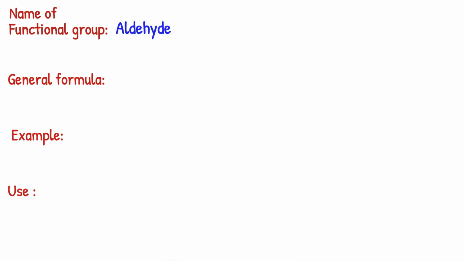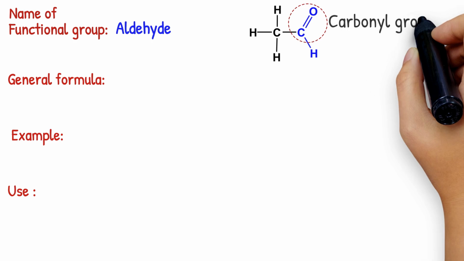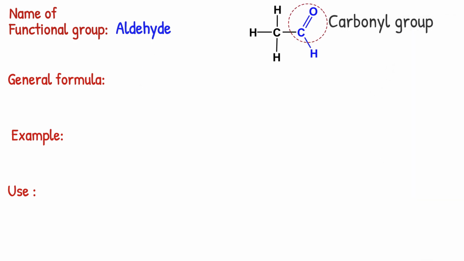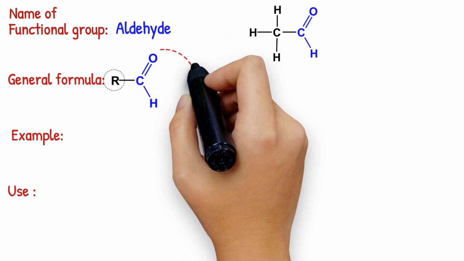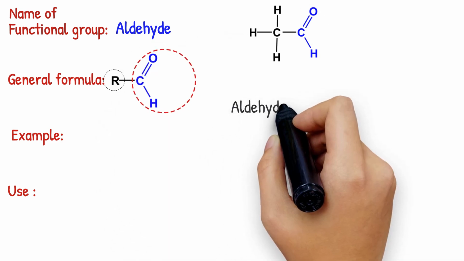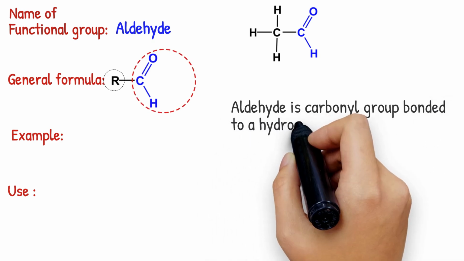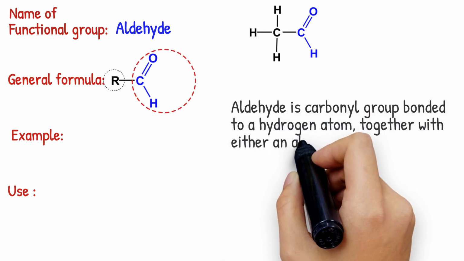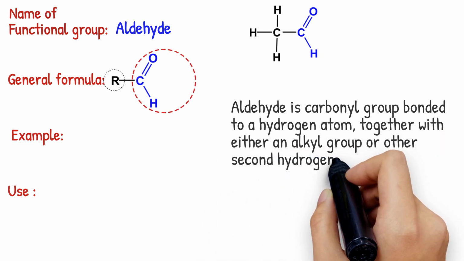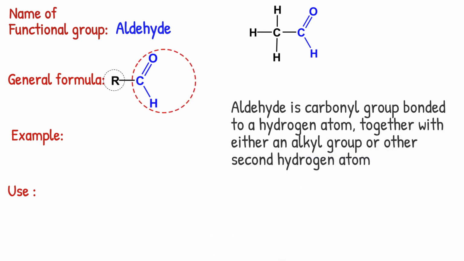Aldehyde functional group. Consider the following example. This is an aldehyde. This part is called the carbonyl group. The general formula of aldehyde is alkyl group bonded to this group. Aldehyde is carbonyl group bonded to a hydrogen atom, together with either an alkyl group or other second hydrogen atom.